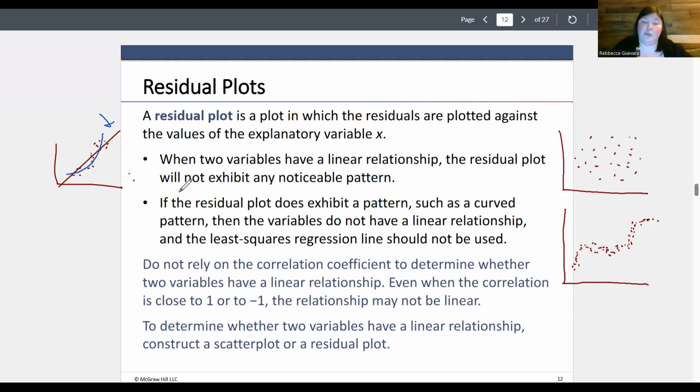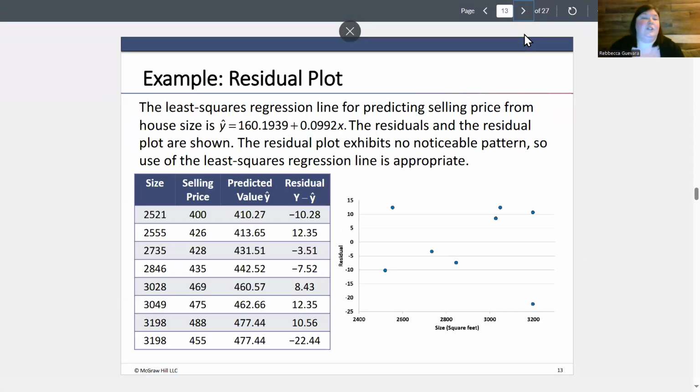So to determine whether two variables actually have a linear relationship, we are going to construct a scatter plot, or what we call a residual plot. The least squares regression line for predicting selling prices from housing size is right here. We found it a couple times.